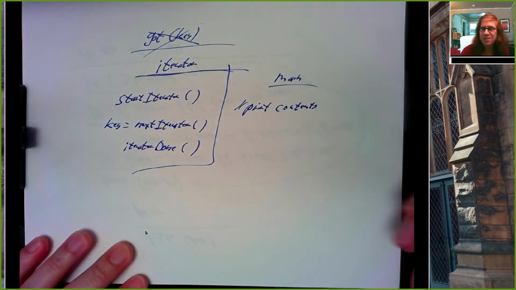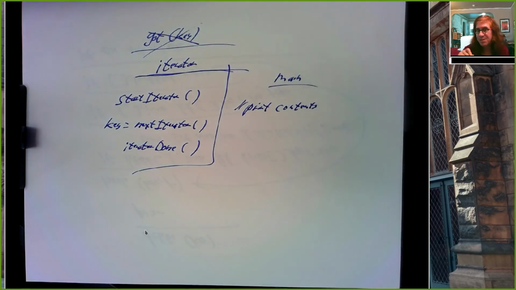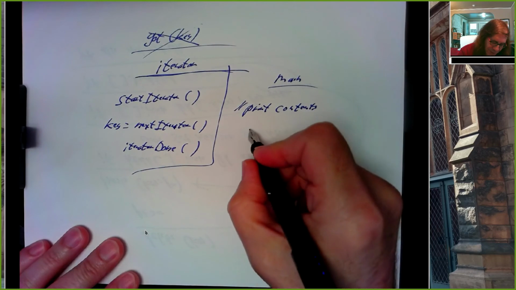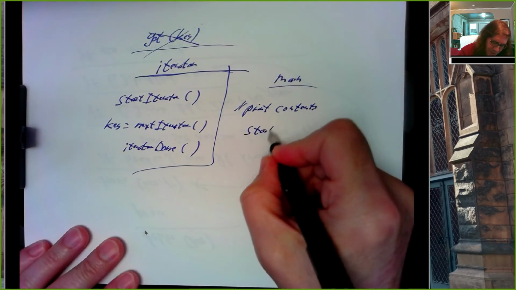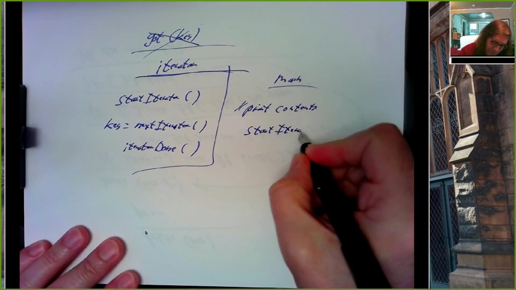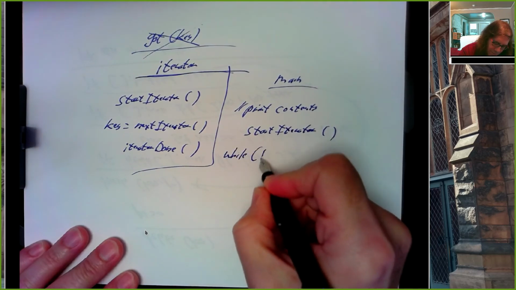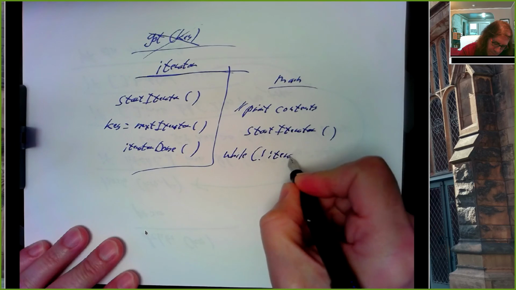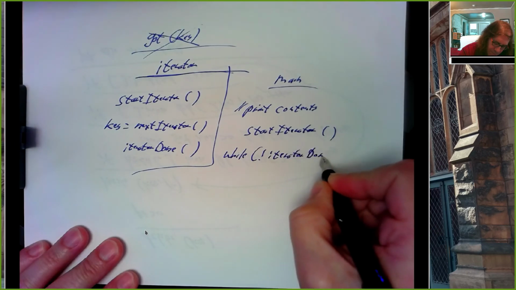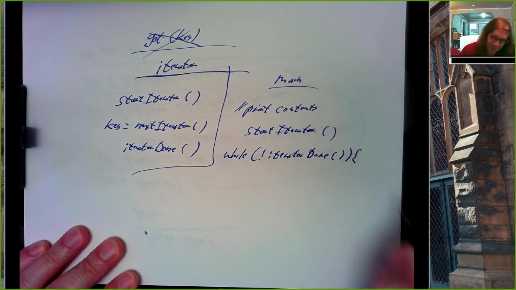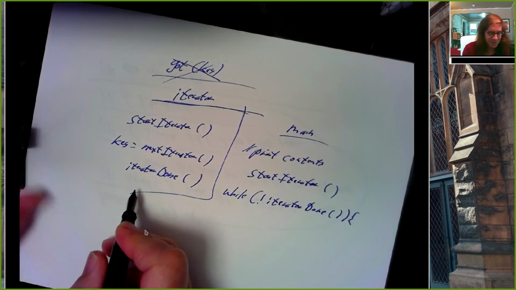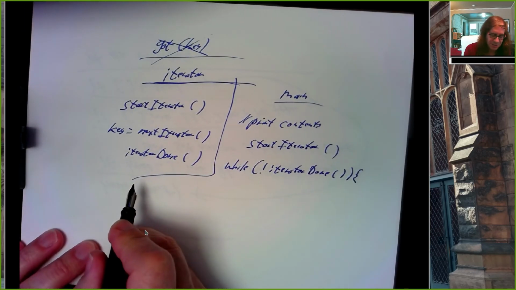So let's say we want to print the contents of the hash. The person said P right on their command line interface. So what we do is we say start iterator. And while the iterator is not done, this function tells us there's more stuff we haven't seen yet.